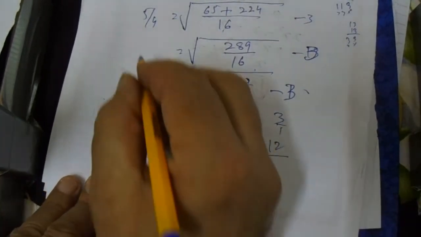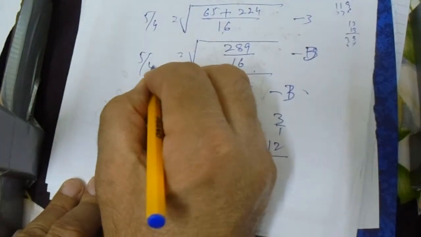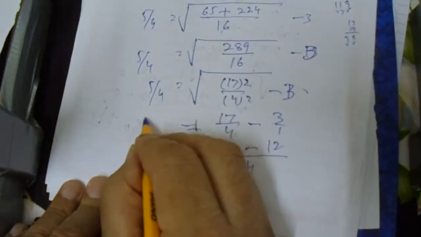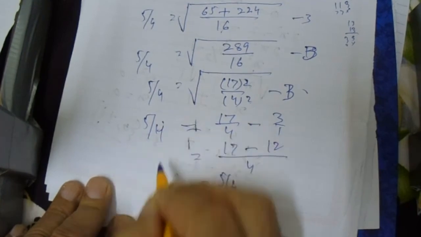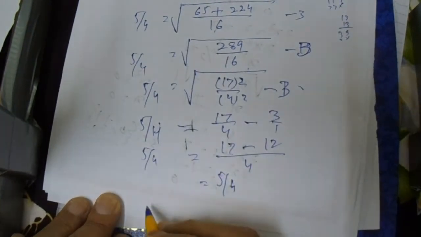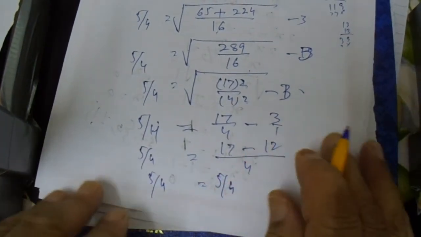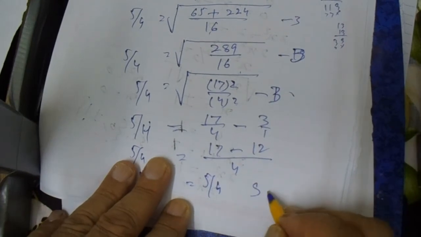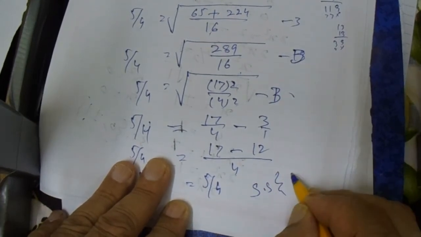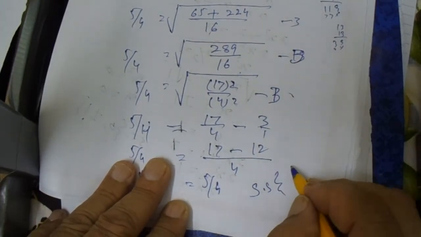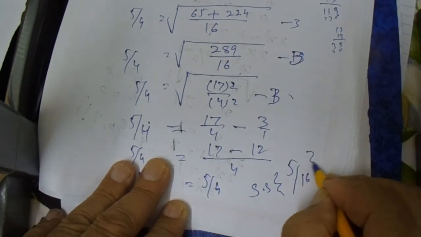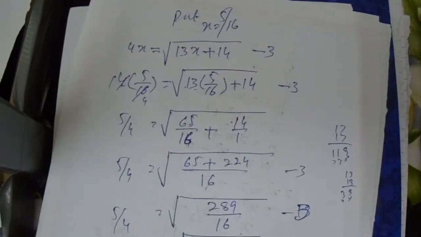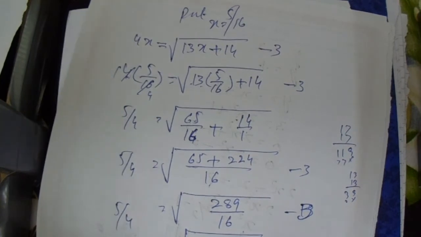Also on the left side 5 by 4. Now our solution set is only 5 by 16. This is the solution of this question number 3.